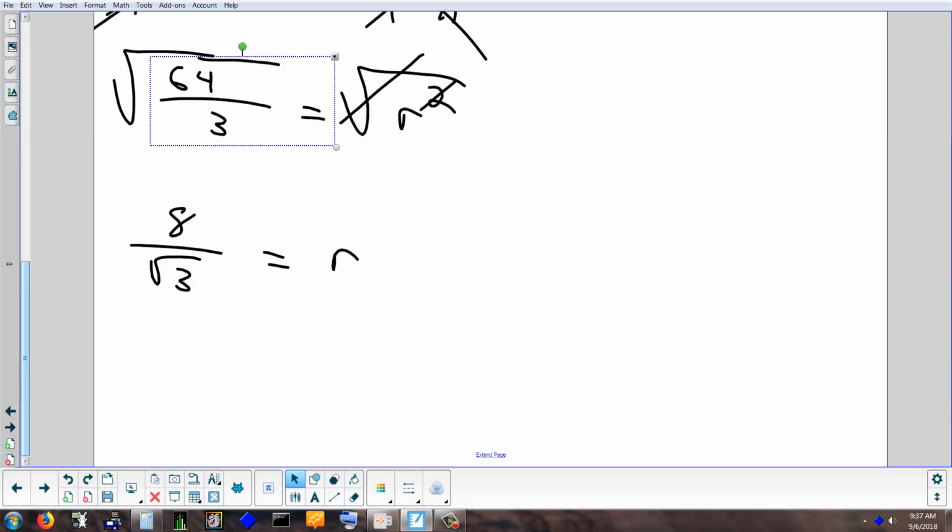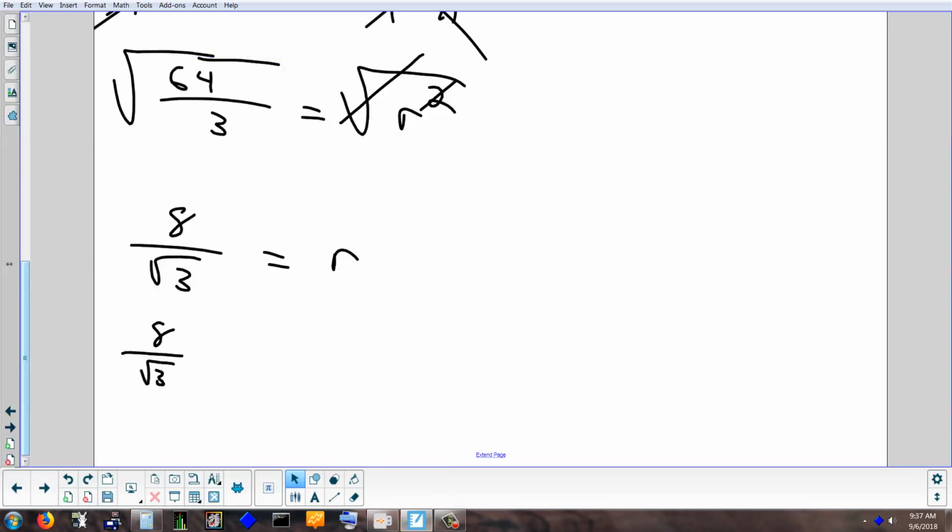Remember how you get the square root to the top? Wouldn't you square it? But that would just bring us right back to where we were.